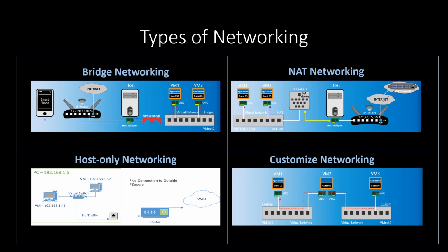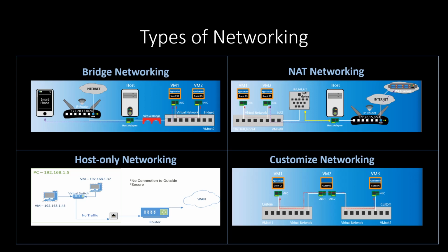Next comes NAT networking. With NAT, a virtual machine does not have its own IP address on the external network. Instead, a separate private network is set up on the host system. In the default configuration, a virtual machine gets an address on this private network from the virtual DHCP server. The virtual machine and the host system share a single network identity that is not visible on the external network.